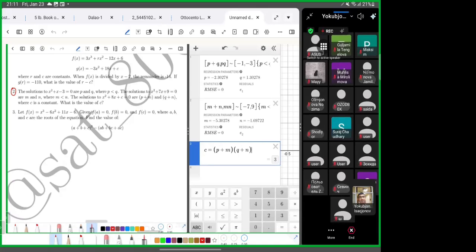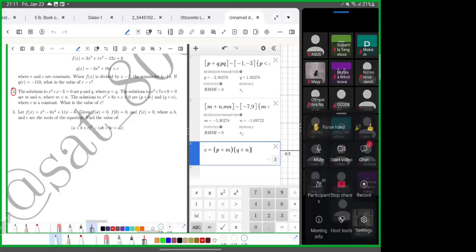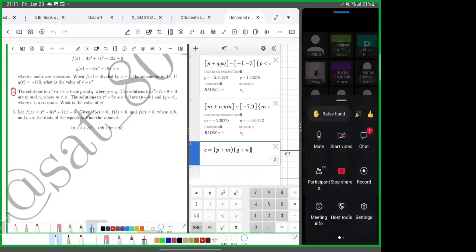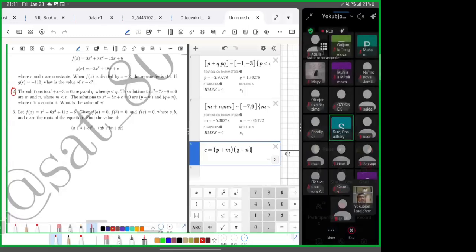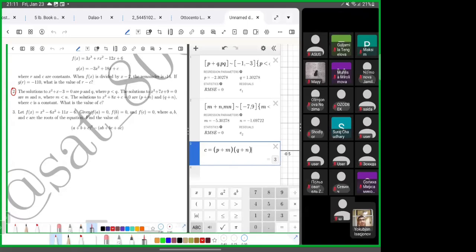Mr. Suraj, are you here? Yes, sir. I don't get it. How does p equal -1? Wait. Look. We have Vieta's theorem. According to Vieta's theorem, x1 plus x2 equals minus b divided by a, and x1 times x2 equals c divided by a.